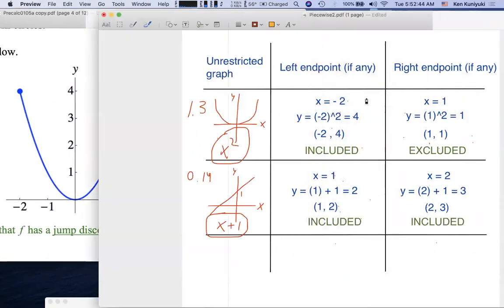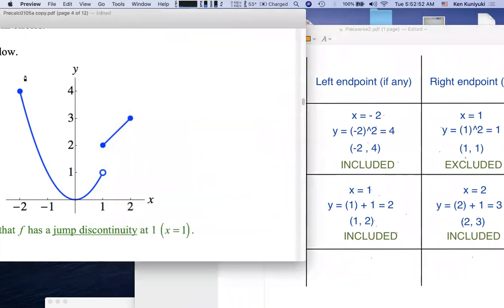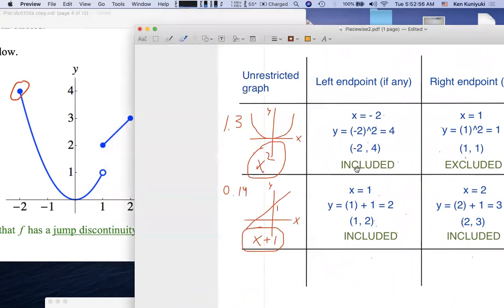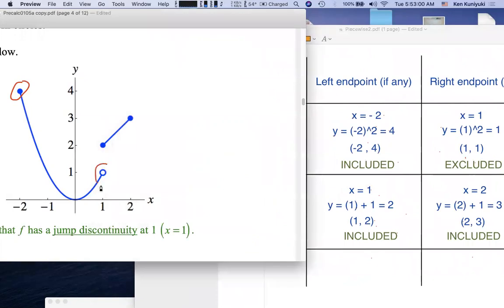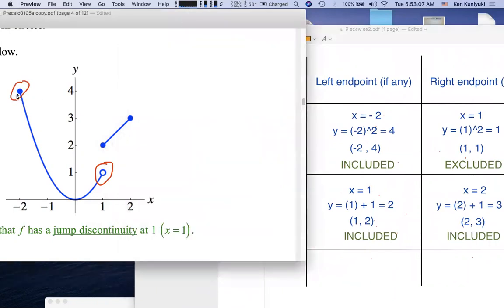So the first piece is part of a parabola with vertex at the origin, although you could point plot also. The left endpoint is at -2, comma 4 up here. That's included as part of that first piece, the left endpoint. The right endpoint at 1 comma 1, however, is excluded. Because the left endpoint is included, I'm putting a nice solid dot at -2 comma 4.